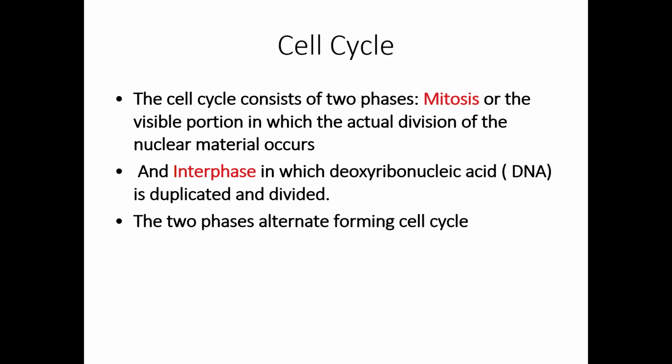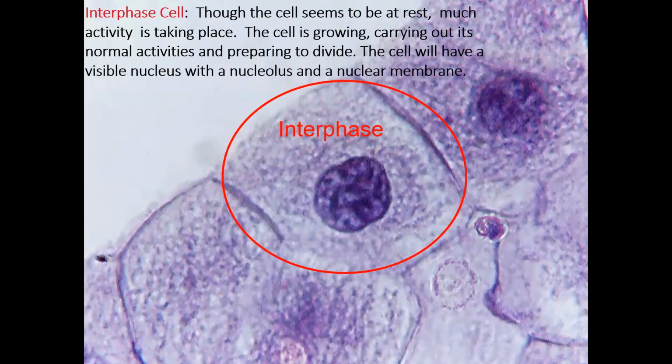Okay, our cell cycle then is 99% interphase, followed by the stages of mitosis. During interphase, the cell is busy doing cell stuff. But at some point in the cell cycle, it decides, I'm getting old, it's time for me to create daughter cells, and it will make a complete copy of its DNA.